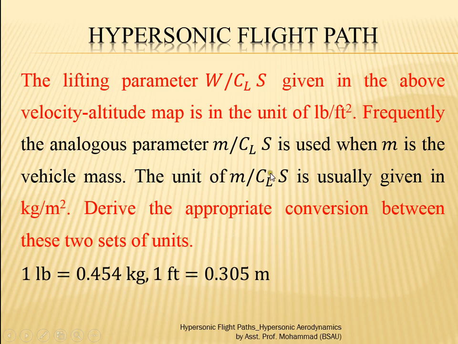By using this, we can convert from here to here. This is also similar to the lifting parameter, because CL is there, but instead of weight, the mass has been used. So this pound becomes the kg here. So this unit can be converted into this unit using these factors.